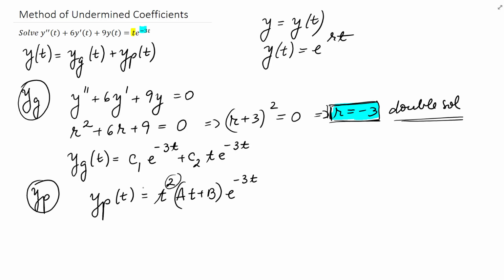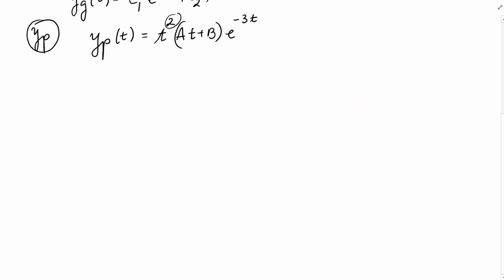So now the next step is to find the derivative of yp, then the second derivative of yp, and replace them into the equation to figure out what a and b are. So let's begin. The particular solution is (at cubed plus bt squared) times e to negative 3t, and I'm going to keep it like that because that's going to simplify my computation.